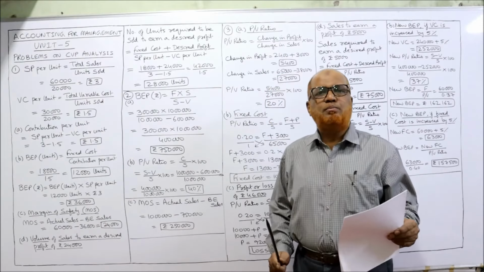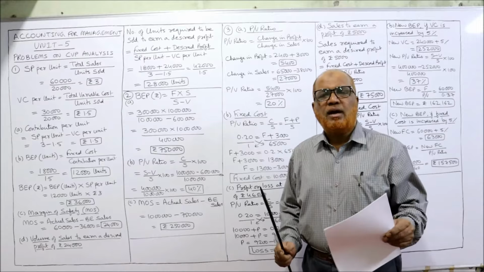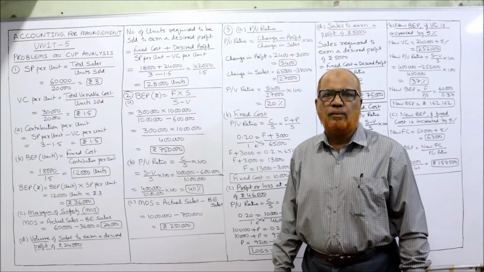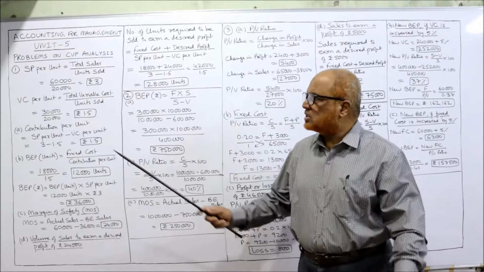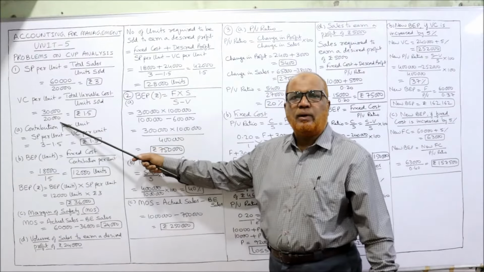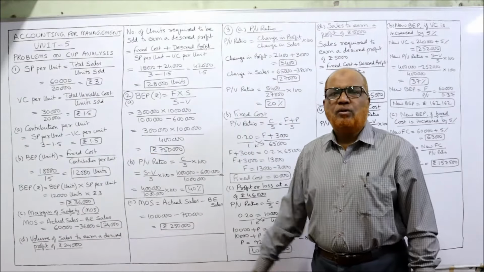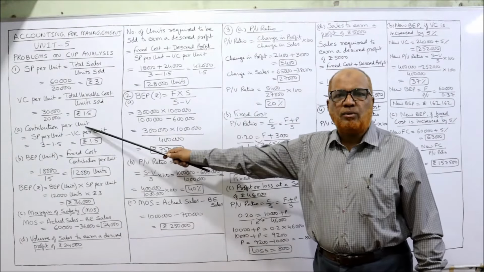Now variable cost per unit: the formula is total variable cost divided by units sold. Total variable cost is 30,000 and units sold 20,000, so 30,000 by 20,000 is 1.5. So we got selling price per unit and variable cost per unit.